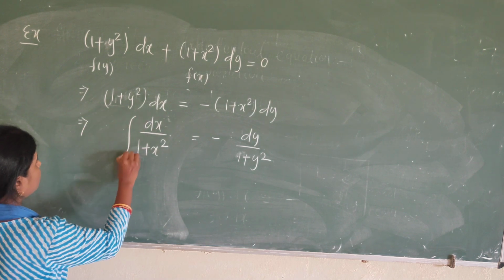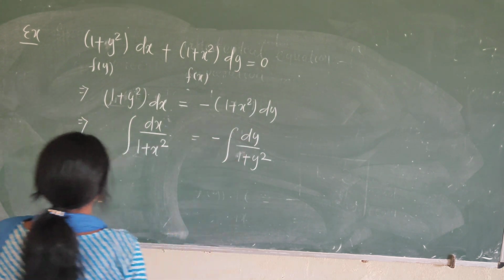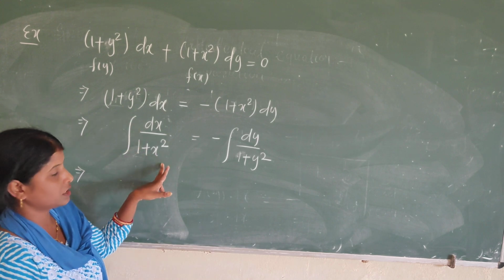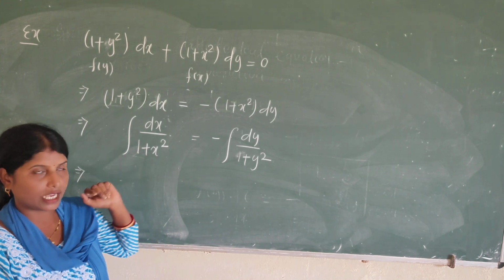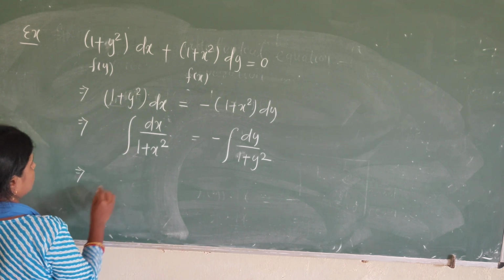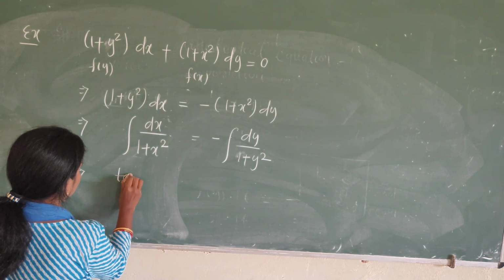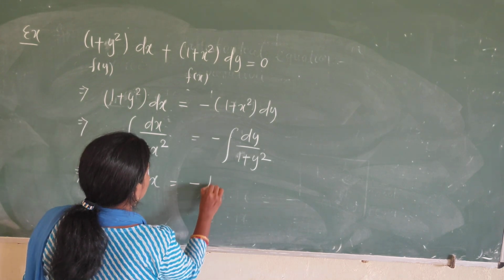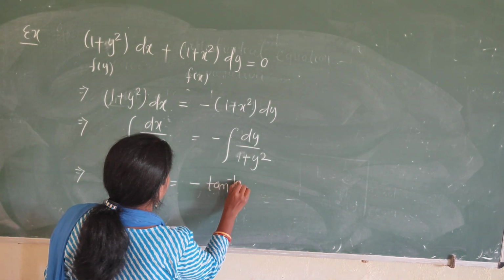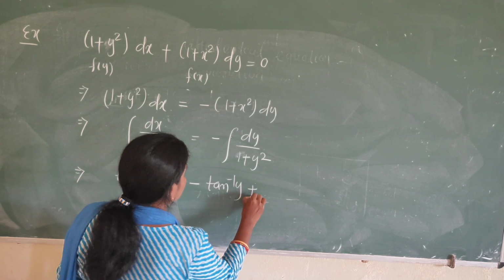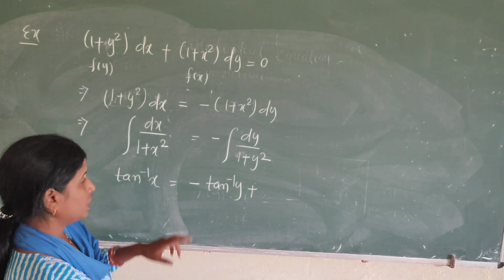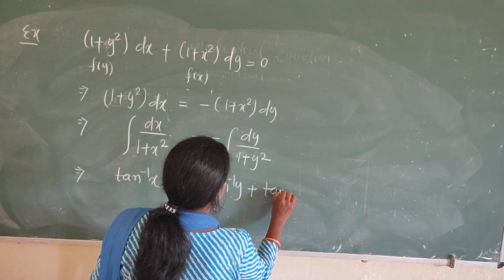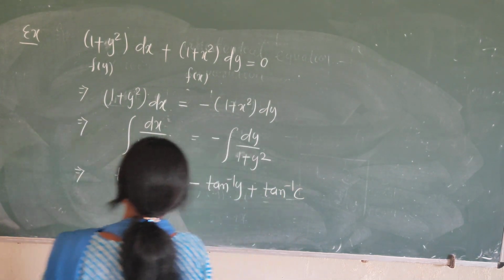Now we have to integrate on both the sides, and we know the formula 1 by 1 plus x square. This is the derivative of tan inverse x. So its integration is tan inverse x equal to minus tan inverse y. Also we have to take integrating constant as tan inverse c.